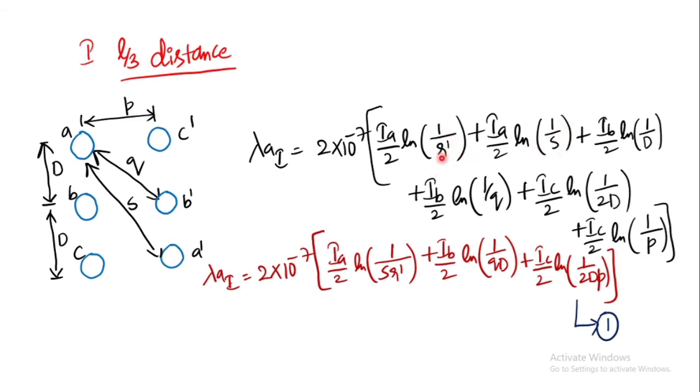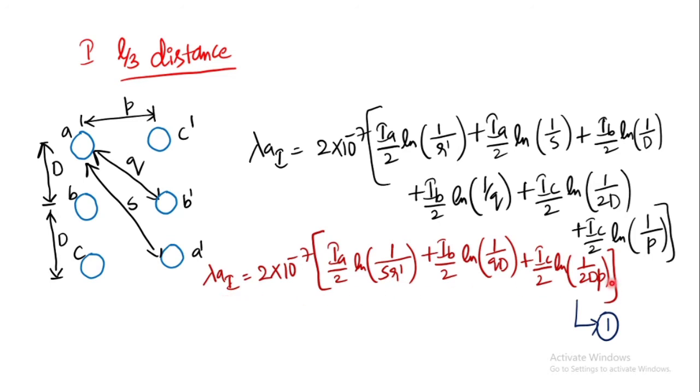So 1 into 1, 1, S into R dash is S R dash. Similarly, for the third and fourth terms, you got 1 by D and 1 by Q. So 1 by QD. Next, for the fifth and sixth terms, you have 1 by 2D and 1 by P. So you will get 1 by 2DP.